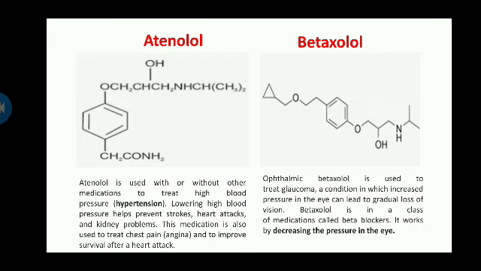By lowering blood pressure, it prevents strokes, heart attacks, and kidney problems. It is also used to treat chest pain and to improve survival after heart attack. Betaxolol is also one of the alternate products, used to reduce pressure in the eye. It comes under beta blockers and prevents gradual loss of vision.